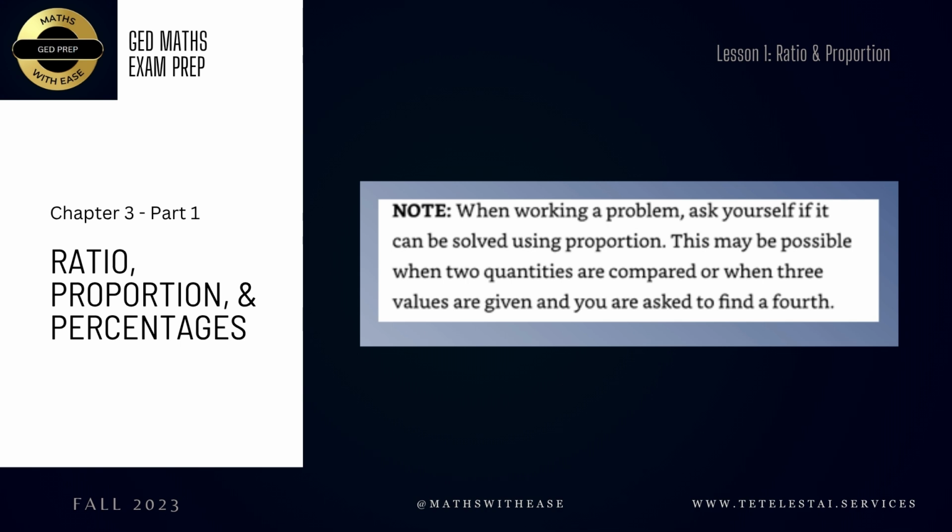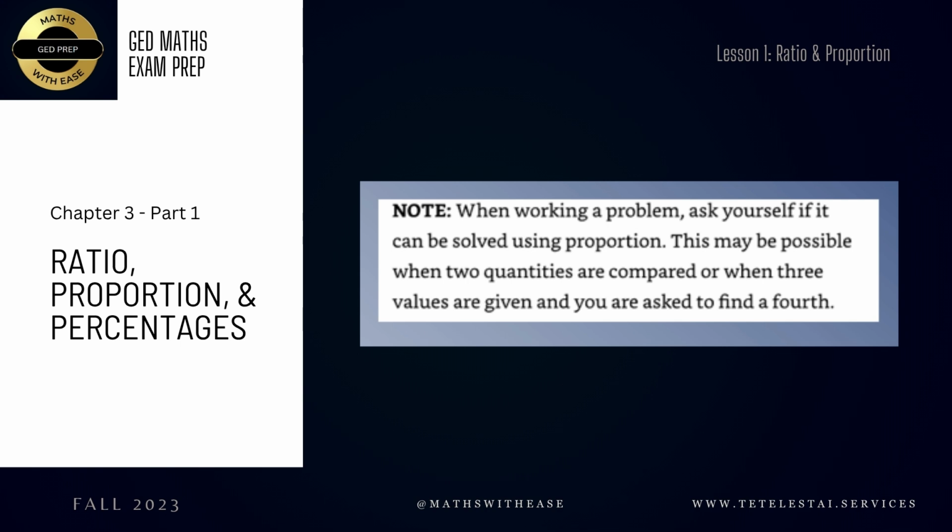So when you're working on a problem, you want to ask yourself if it can be solved using a proportion. This may be possible when 2 quantities are compared, or when 3 values are given and you're being asked to find a 4th.